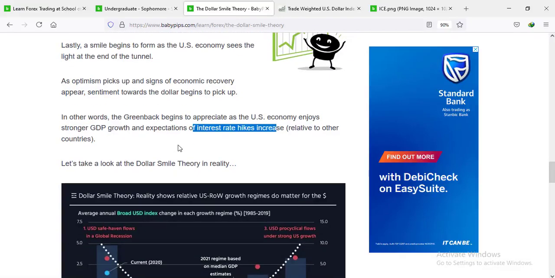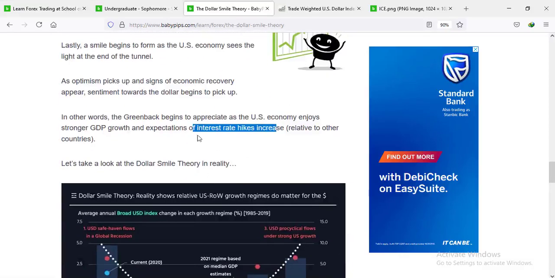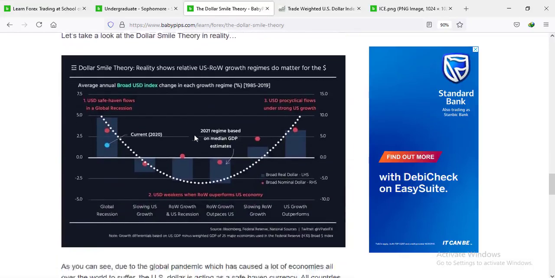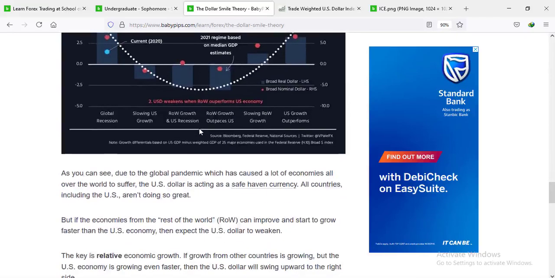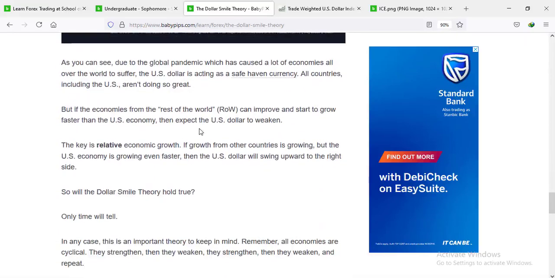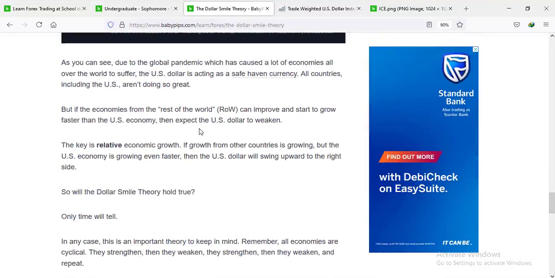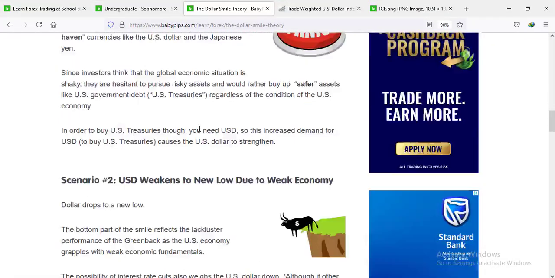So in that case, people pump their money into the US to buy more assets, however they want to invest the money. And also the dollar rallies to the top side again and becomes strong. So that's basically the idea behind the dollar smile theory.